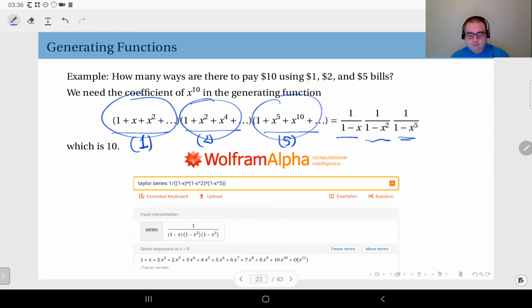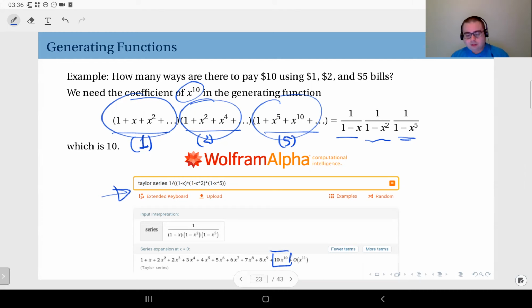And of course, to find the coefficient of x to the power 10, again I applied a Taylor series expansion to this expression, and just looking at the coefficient of the term x to the power 10, I obtain the number of ways to construct $10 using ones, twos, and fives as 10.